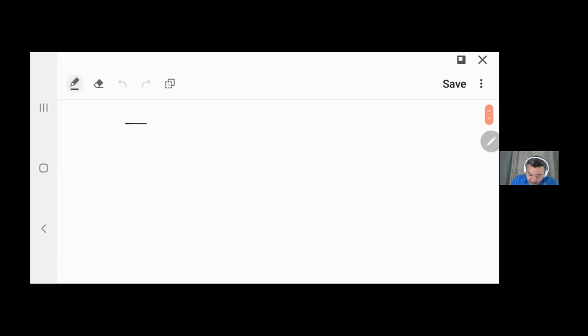So the magnetic field will be pointing out of the screen.